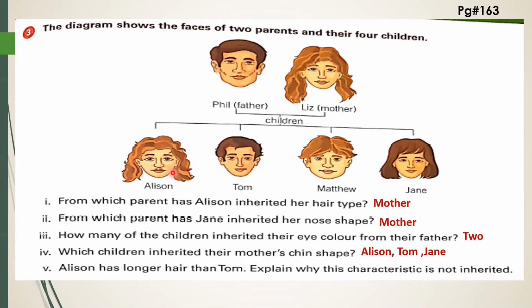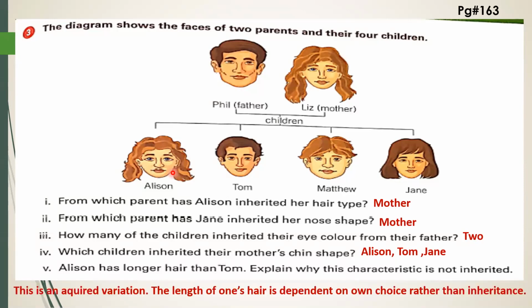This is a continuous trait, and a continuous trait differs from person to person. It depends upon the person whether he keeps longer hair or shorter hair. So this is called an acquired variation, because acquired variations are all those variations that are adopted by a person.